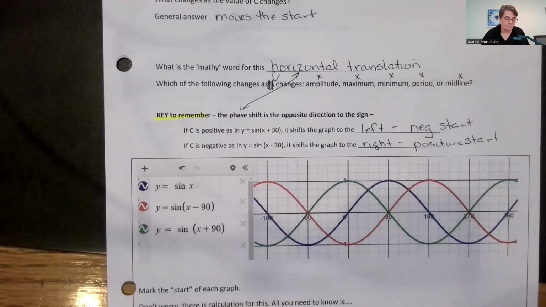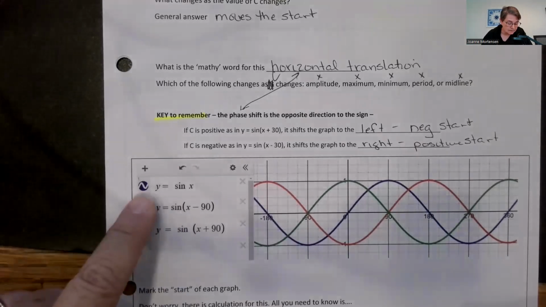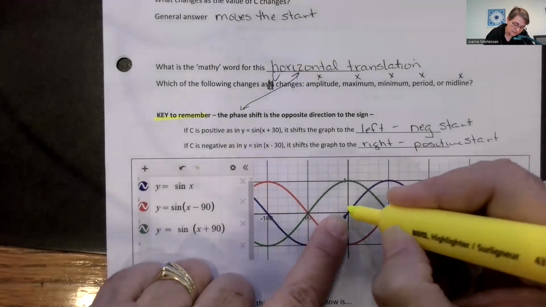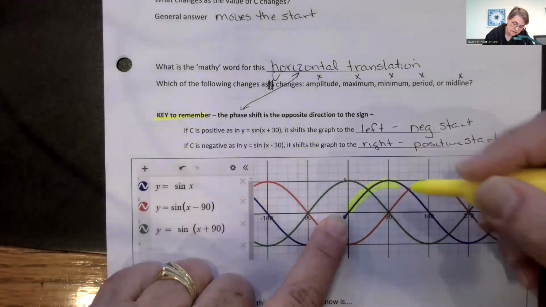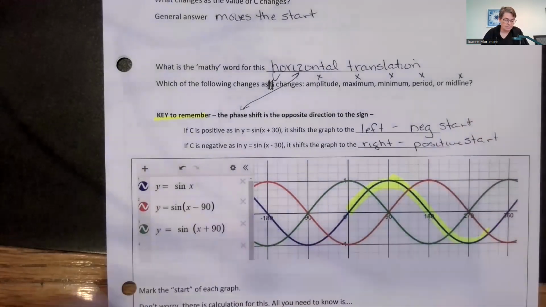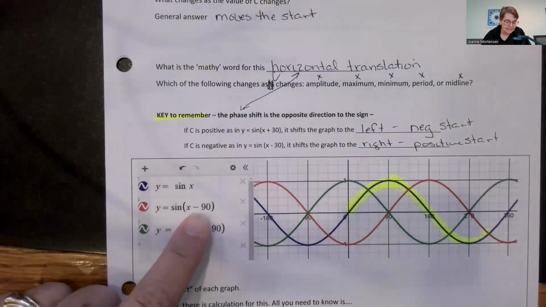All right, next one. Mark the start of each graph. This is what happens when I put one graph over another, so you can see why I don't want to do that. This one, the blue one, is y is equal to sine x. So that's our normal one. We know where it starts. Okay, so y is equal to sine (x minus 90).